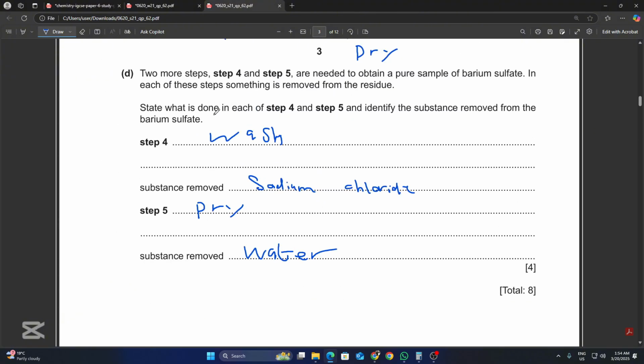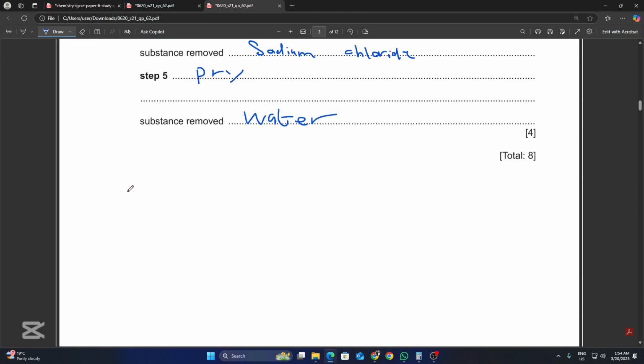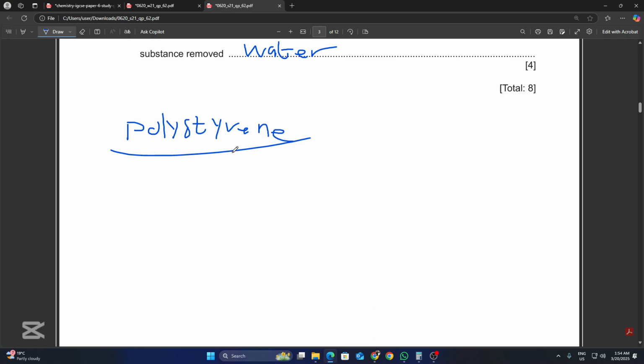And make sure that also, if it asks you a question, for example, if we use a polystyrene cup, what is the advantage of using a polystyrene cup, or what happens? Just know that polystyrene is a good insulator.